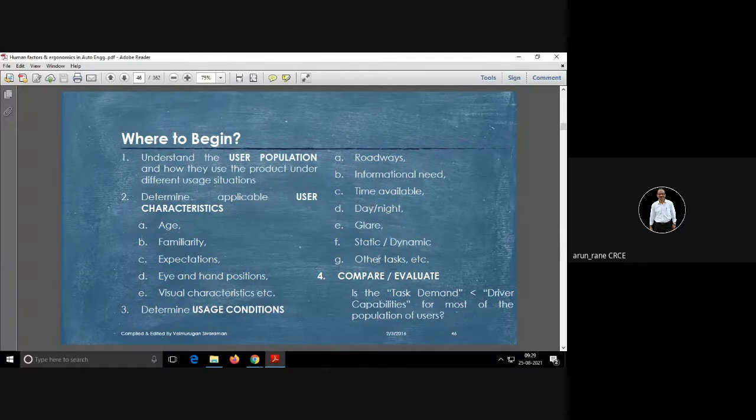Then whether it is stationary or moving: if we have a moving conveyor, then it is dynamic, and a static conveyor means the operator is stationary. In the dynamic case, the operator moves along with the conveyor and performs the task. This is slightly difficult, so at that time ergonomics design is a challenging task, right?